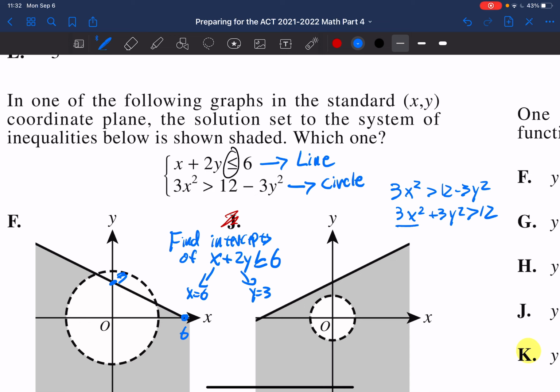And if I divide everything by 3, I get x squared plus y squared less than 4. And if you recall back in the video with part 3, we talked about the equation of a circle. If it's just centered at the origin, it's just x squared plus y squared equals r squared. So the radius should be 2.